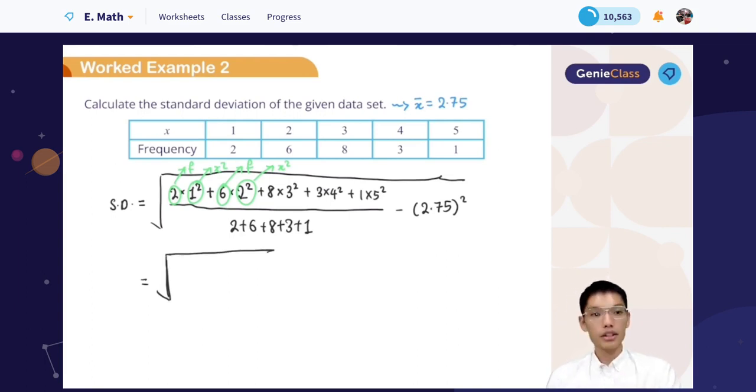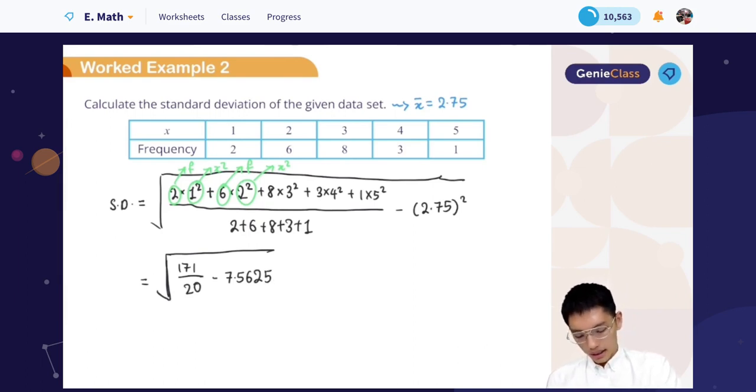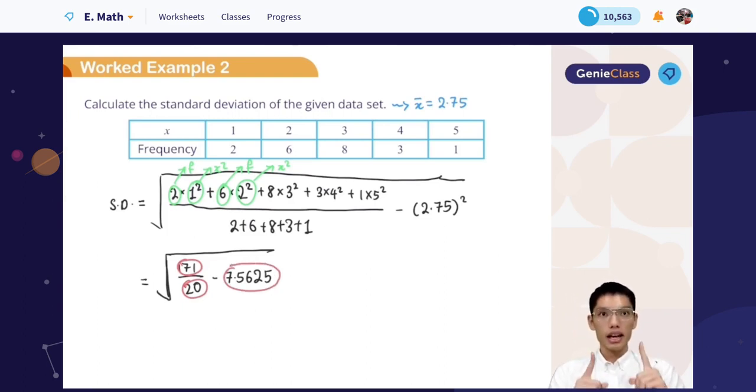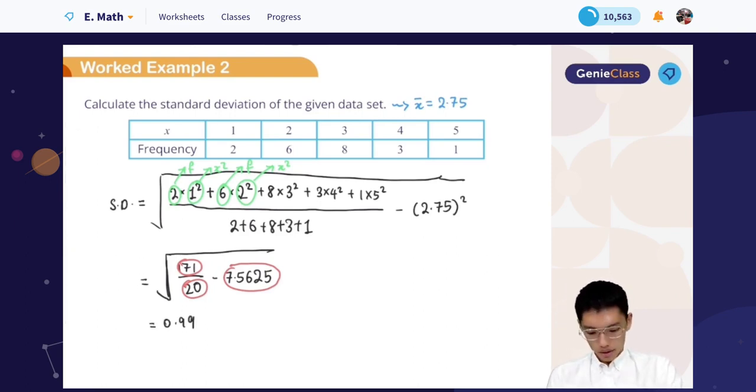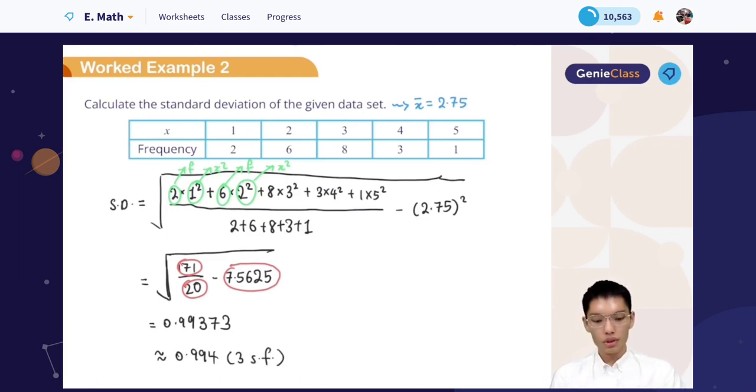Again, the key values are at the top. So it's going to be 171 over 20 minus the square of the mean, which is 7.5625. Again, these 3 values are very important, and you have to write them in your working before we simplify our expressions further to get 0.99373, to 3SF 0.994. All right, so that is the notion when frequency is given to you.